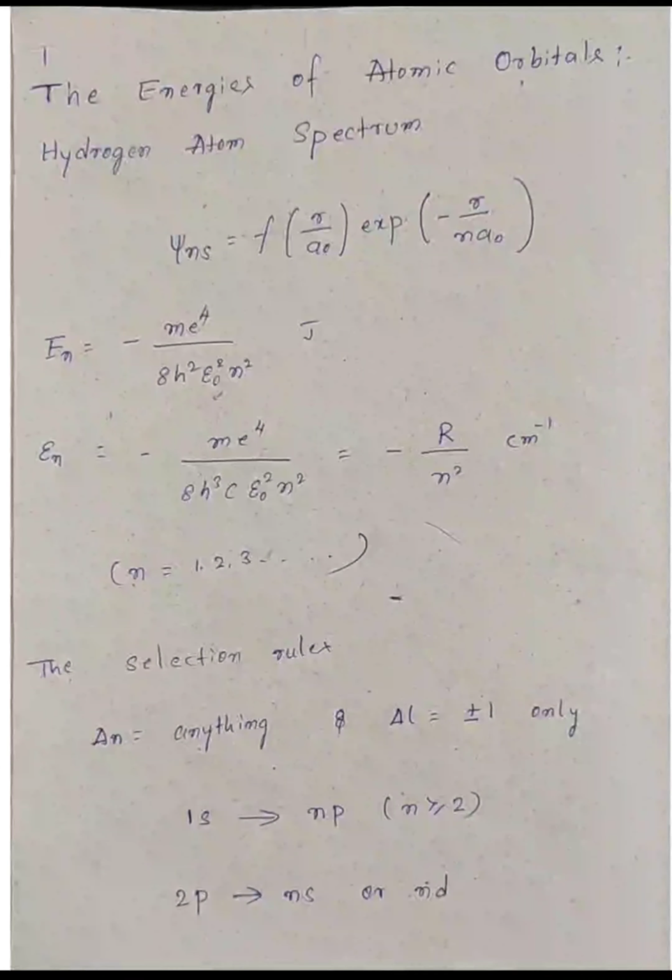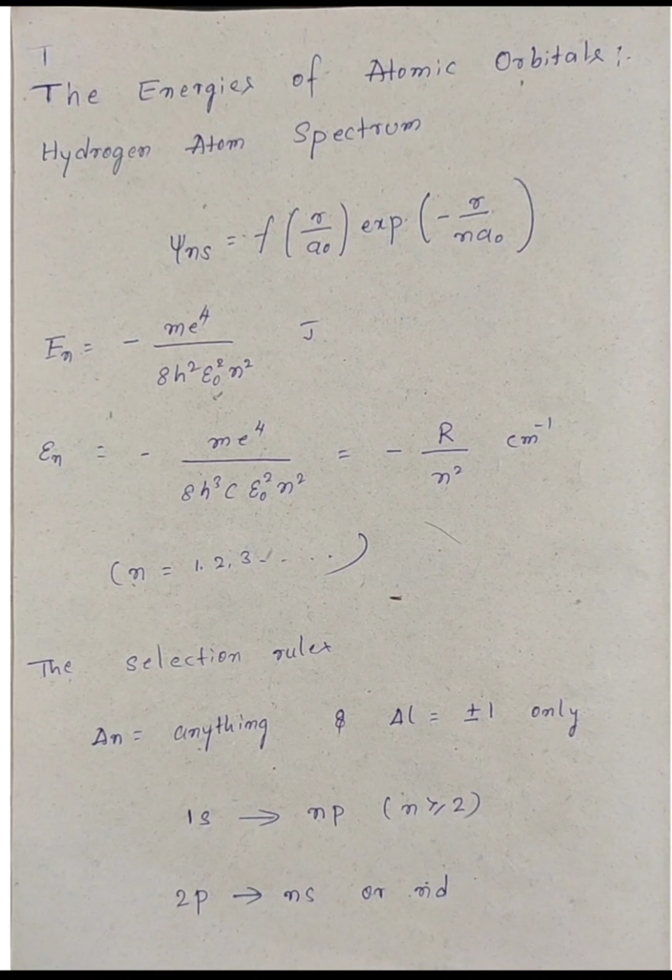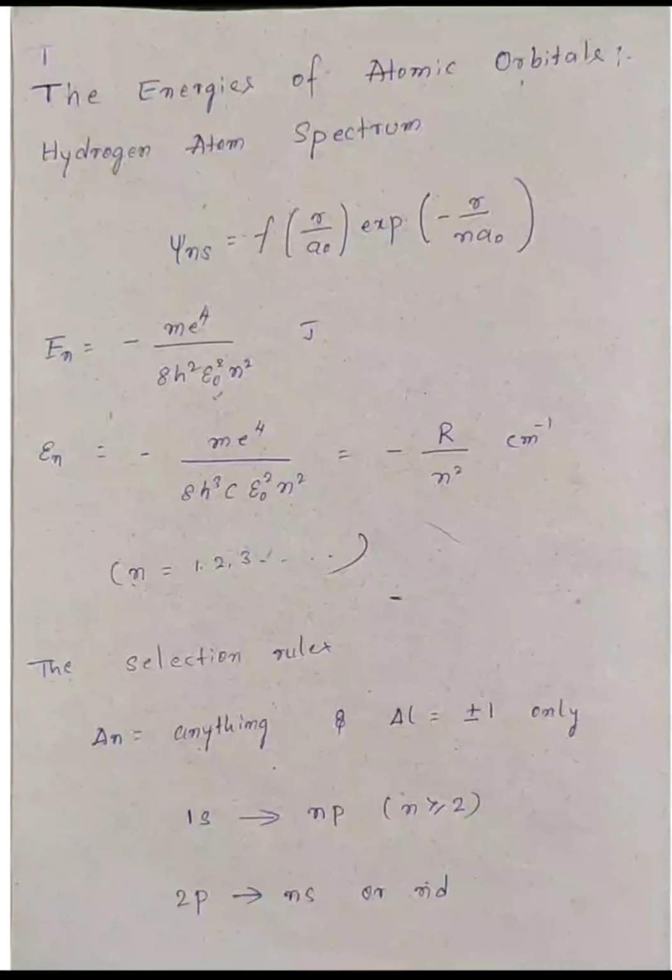here are the energies of atomic orbitals and hydrogen spectra. So psi ns is equal to f of r divided by a naught, times exponential of minus r divided by n a naught. Here r is the distance between the nucleus and the electron, n is the principal quantum number, a naught is the Bohr radius or Bohr constant.